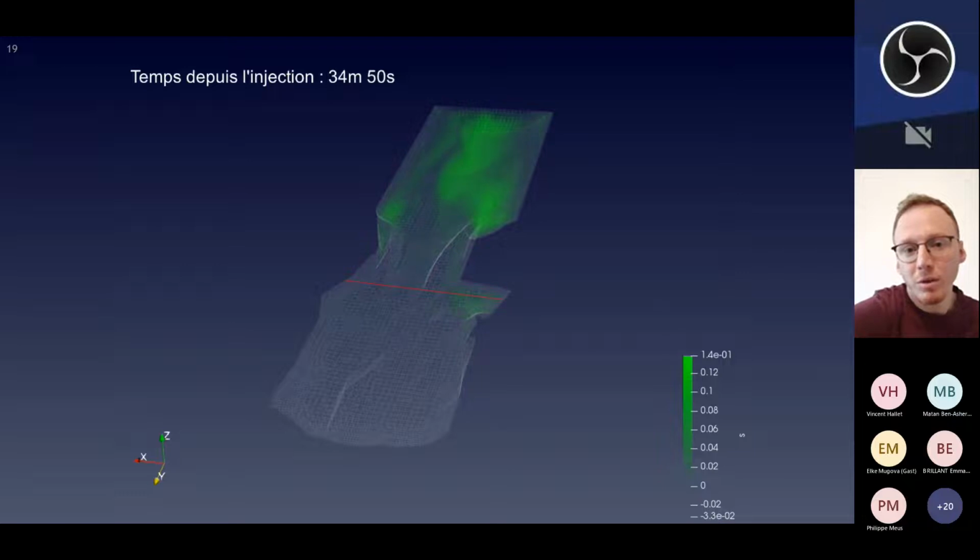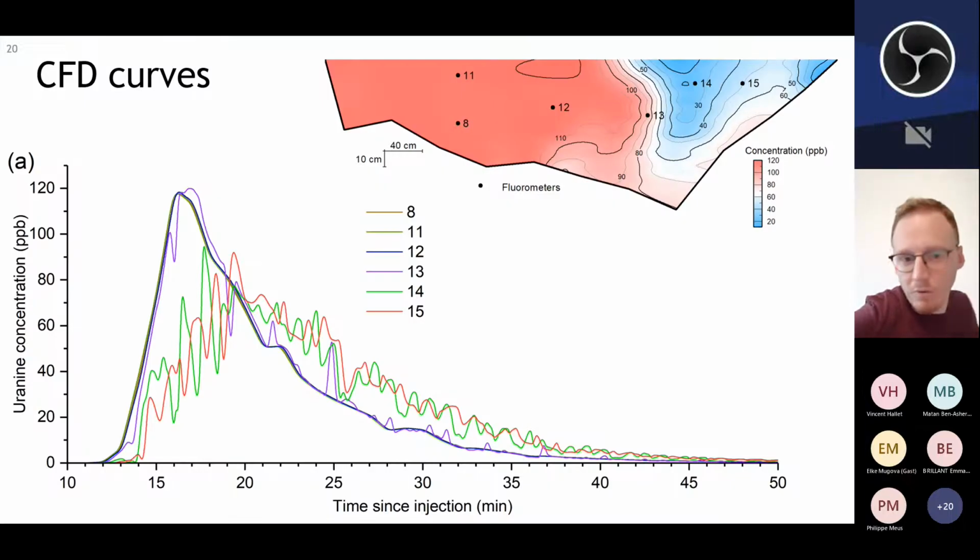You have some tracer stuck on the sides. All of this is helpful to visualize the hydrodynamics of the river and maybe explain the differences we have on the breakthrough curves. So the breakthrough curves simulated from the CFD look like this.